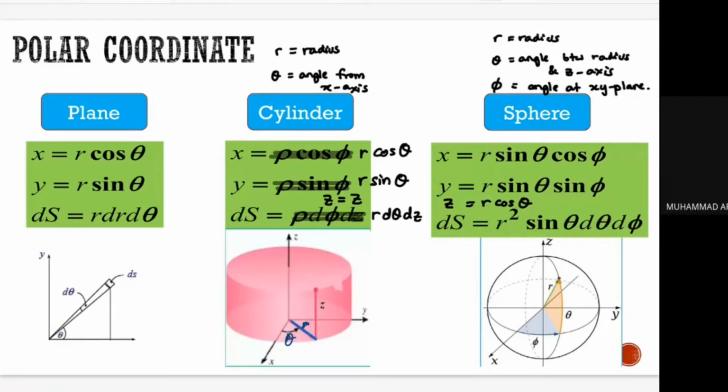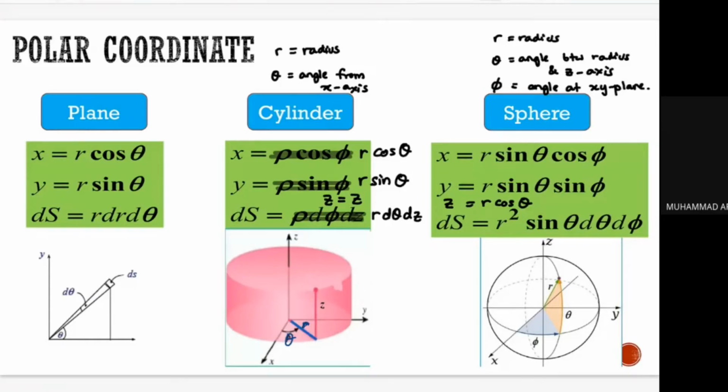Your x will be r cos theta, y is r sin theta, and dS is equal to r dr d theta. And then for a cylinder, your x will be r cos theta.